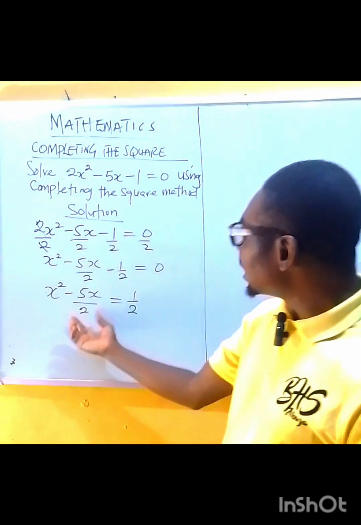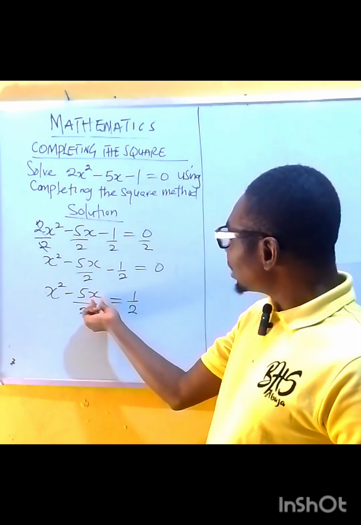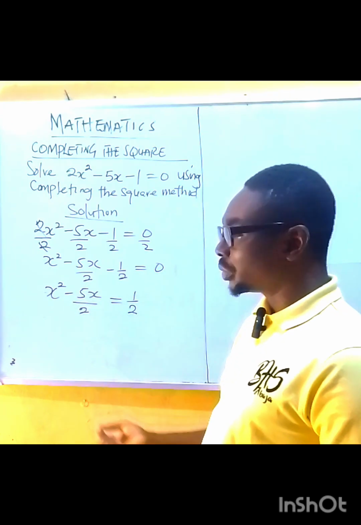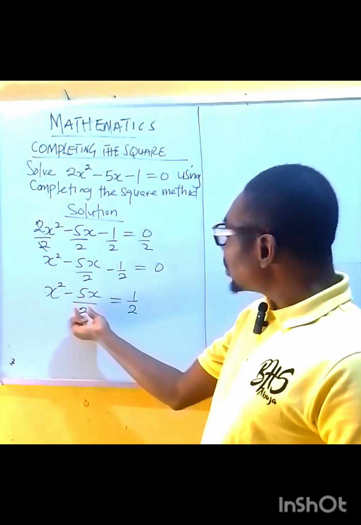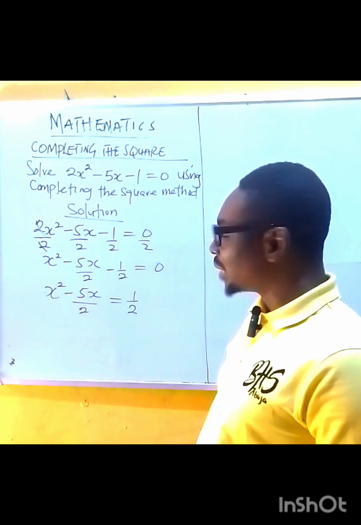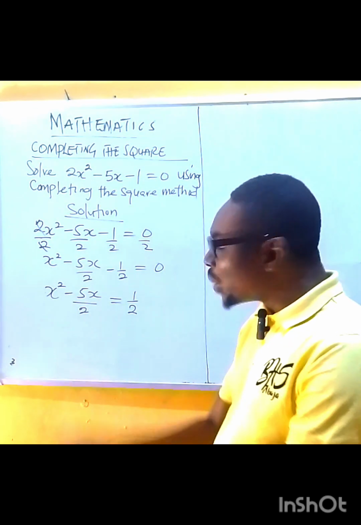The next thing here is, we know the coefficient of x is minus 5 over 2. Now, we are going to find half of this coefficient of x and then square it.